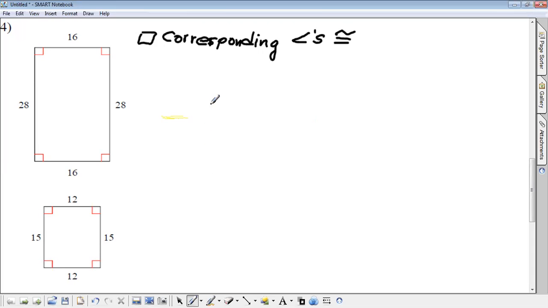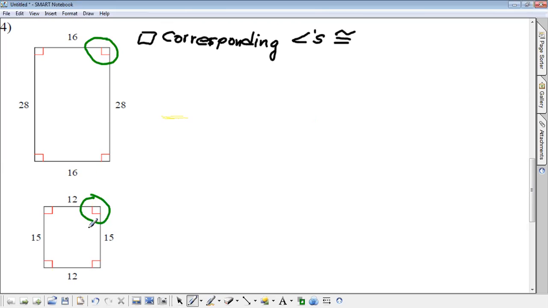So corresponding means in the same position. For example, this is the upper right angle. Down here, the upper right angle will be this one. So they're corresponding, they're in the same position. Are they congruent? Congruent means that they're equal. Are they equal to each other? Yes, they have the same measurement.